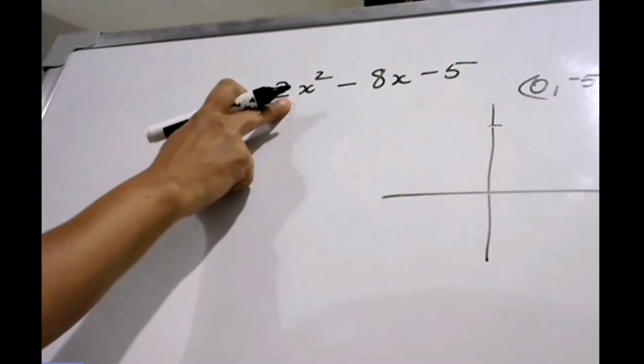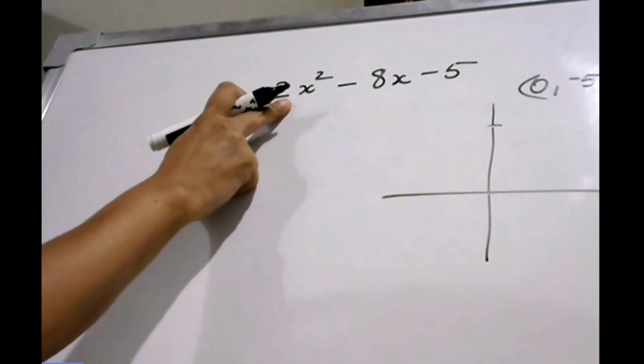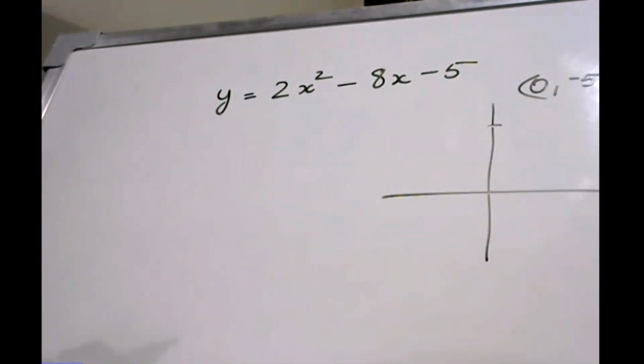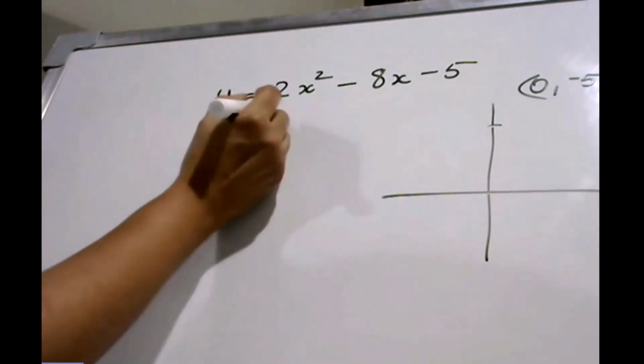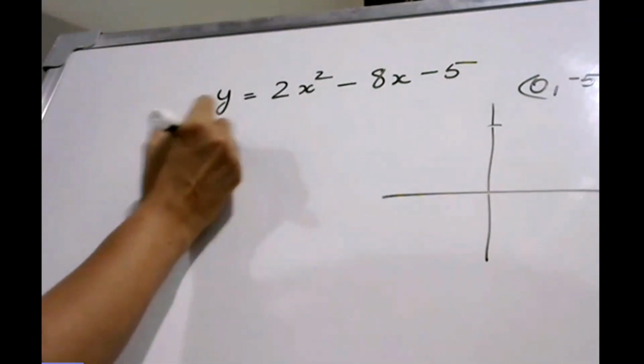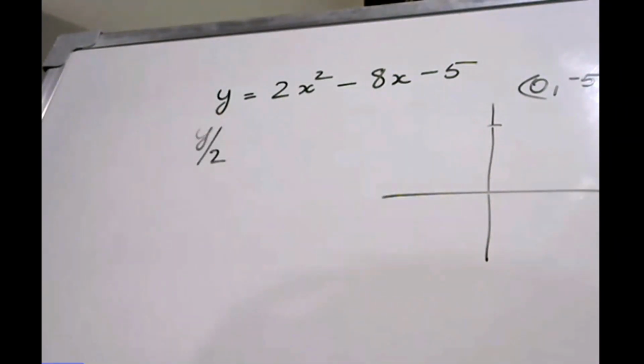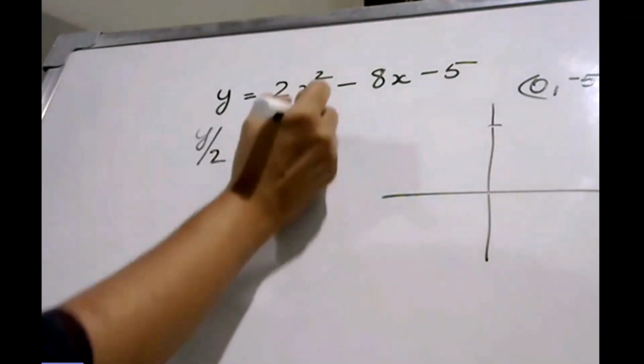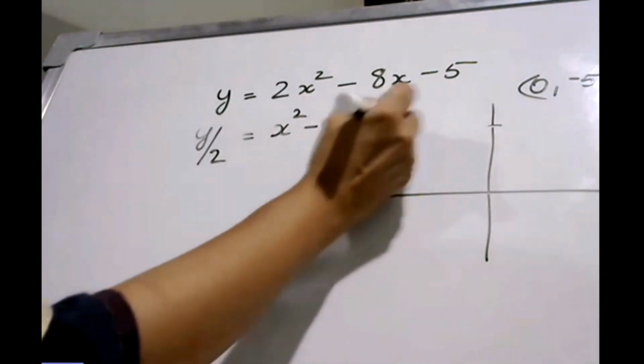I have here 2x square minus 8x minus 5. What I'm going to do is divide throughout by 2. So y over 2 is equal to x square minus 4x minus 5 over 2. There are different ways; this is one way I'm doing.